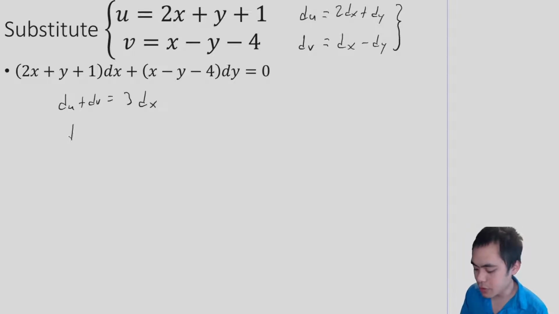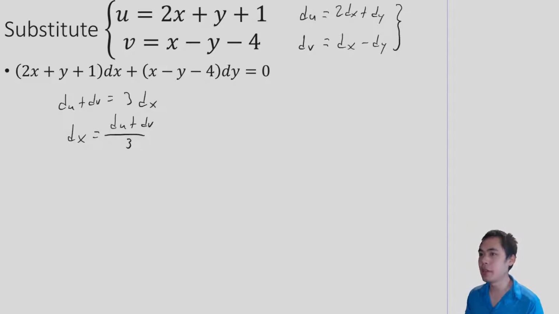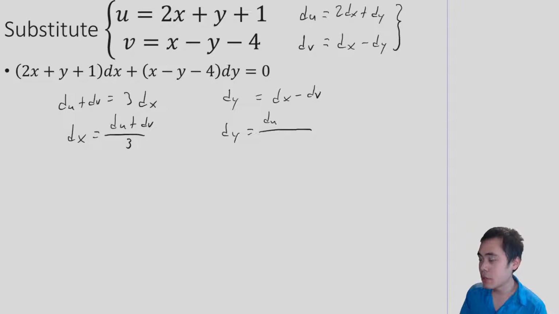And therefore, you know that dx is equal to (du plus dv) divided by 3. That's just adding du and dv together using the formulas above. And then once we have this, we also know that dy is equal to du minus 2dx, and so therefore, dy is equal to (du minus 2dv) over 3.